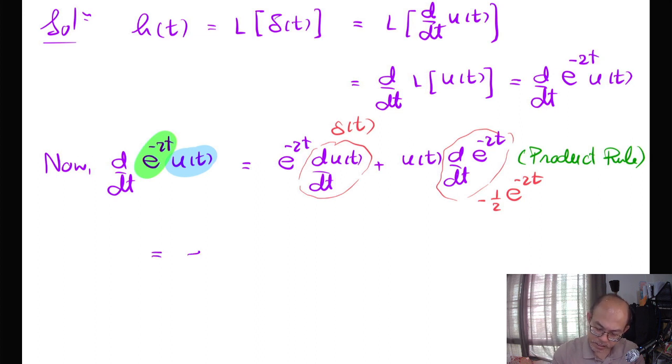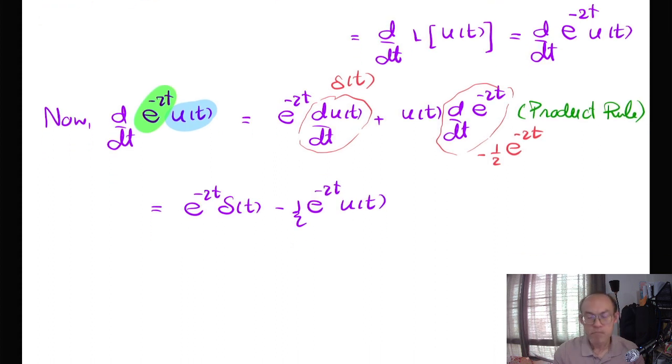So we have e to the minus 2t delta t minus 1/2 e to the minus 2t u of t. But delta is valid only when t is equal to 0, and when t is equal to 0, this is going to be 1, right? So we can simply replace the first term with 1. So we have delta t minus 0.5 e to the minus 2t u of t.